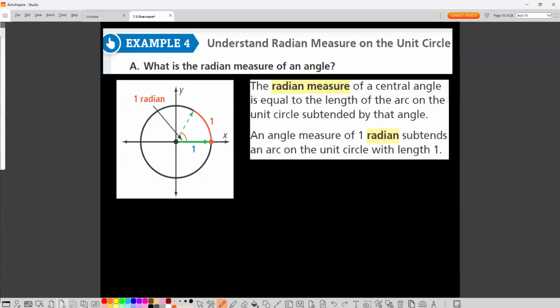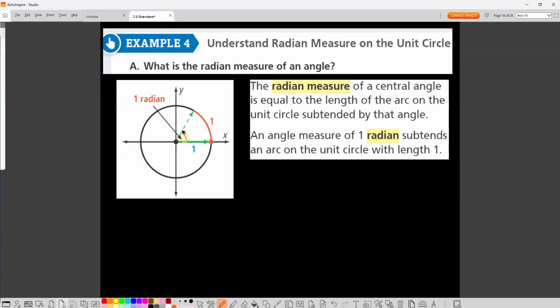And that's what we're going to end up using when we get into this next thing, when we actually work with it here. So what is the radian measure? The radian measure of a central angle. So this angle right here is the length of the arc on the circle.